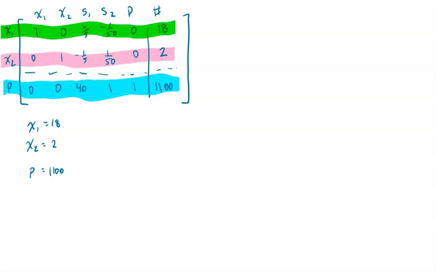And p is 1100. So we have a max of 1100 at 18, 2, but remember, this one's a word problem. So that's not going to be our final answer, because if we were given the problem in words, we want to say it back in words. We want to say what these numbers mean.